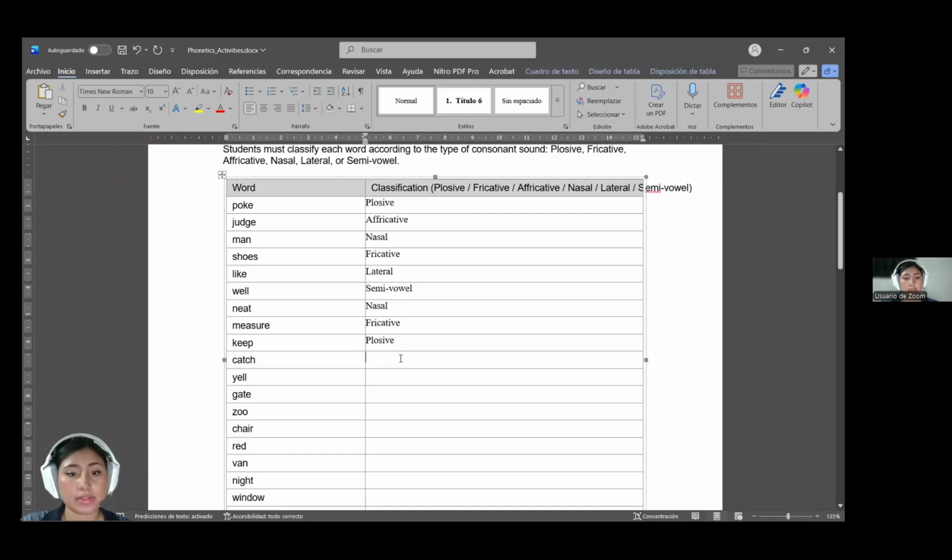No, it seems like it's plosive, but it's not plosive. Listen, catch. Yes, it's an affricative. It combines plosive and fricative sounds. Yes. Yell. Yes, yell is semi-vowel.